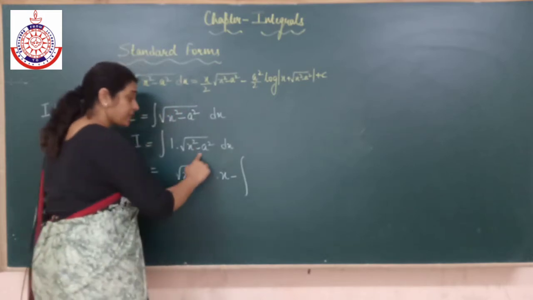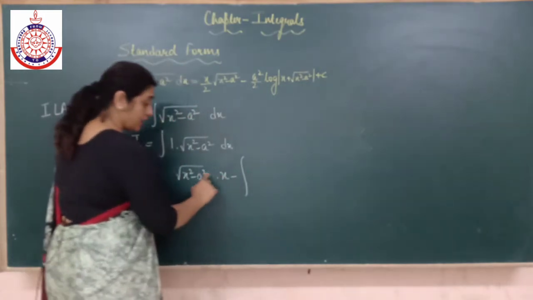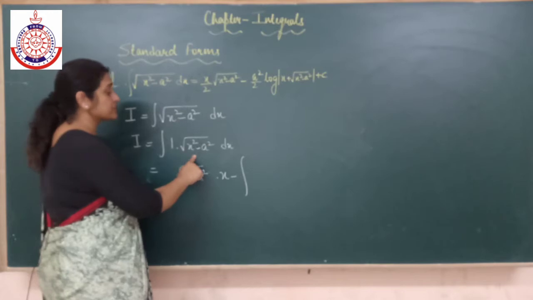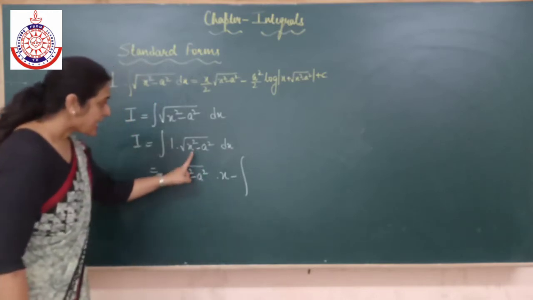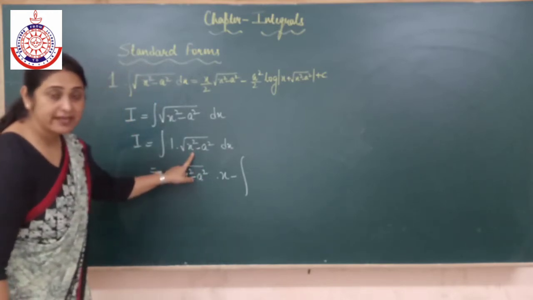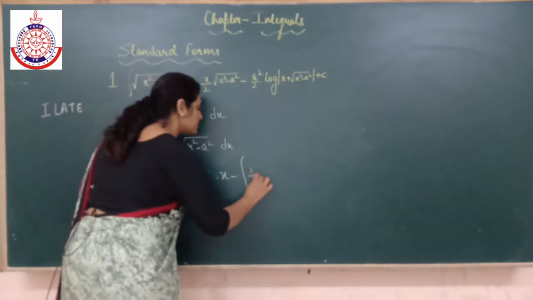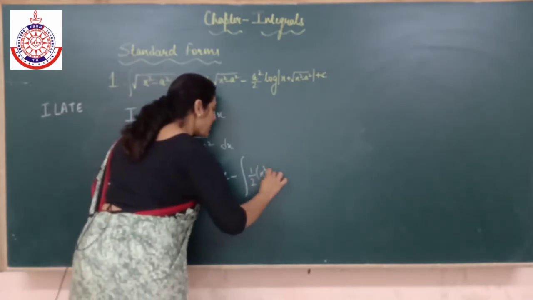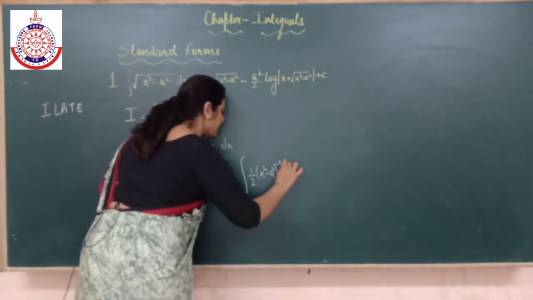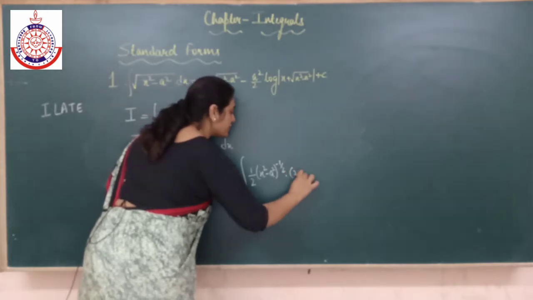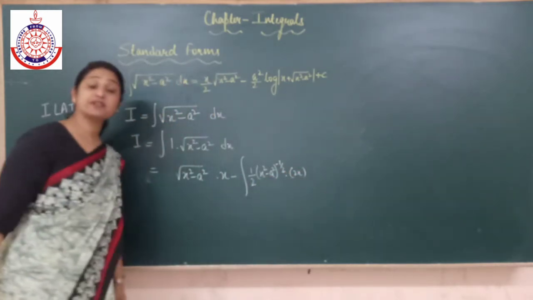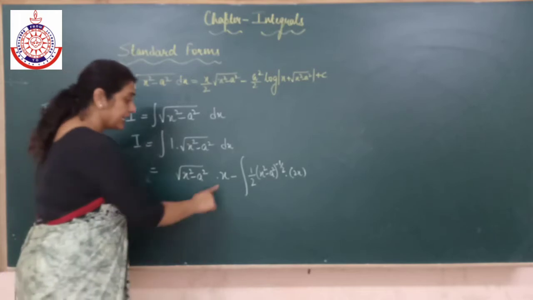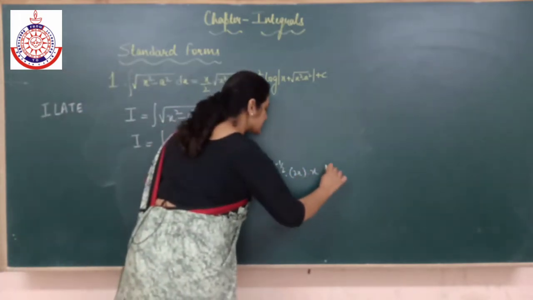What will happen? Differentiation of this. I have to differentiate under root x square minus a square. How does the differentiation go? First of all, the differentiation of the power: the power comes in front, reduce the power by 1, into the differentiation of the internal function. The differentiation of x square minus a square will be 2x, into the integration of second, that is x.